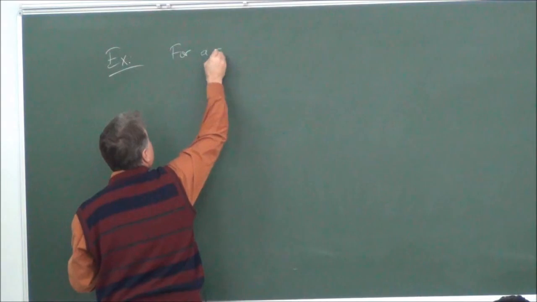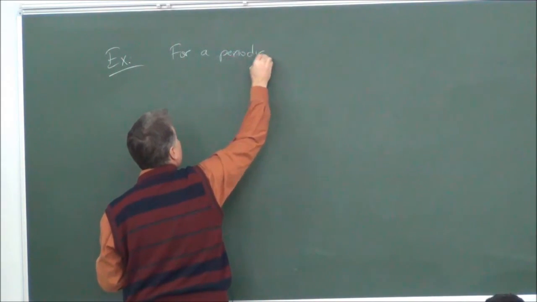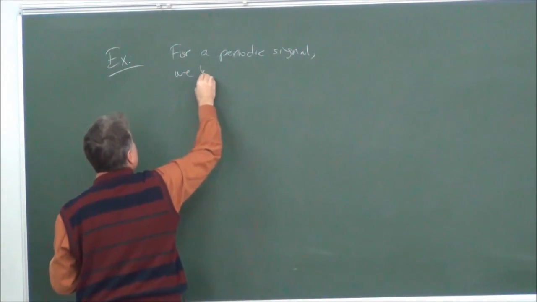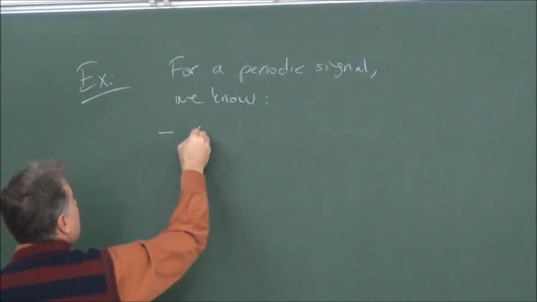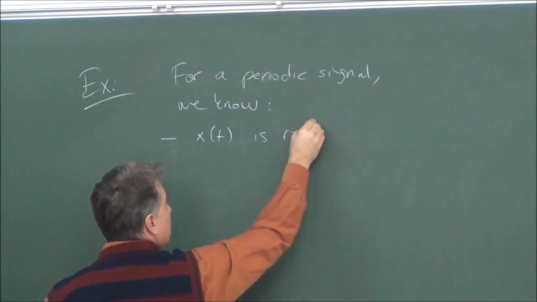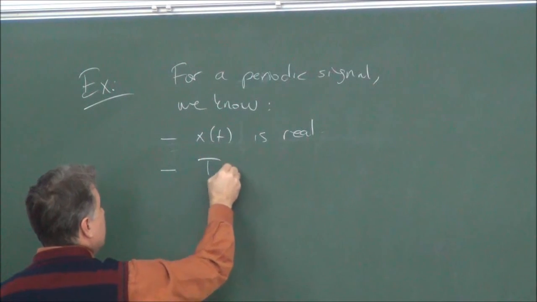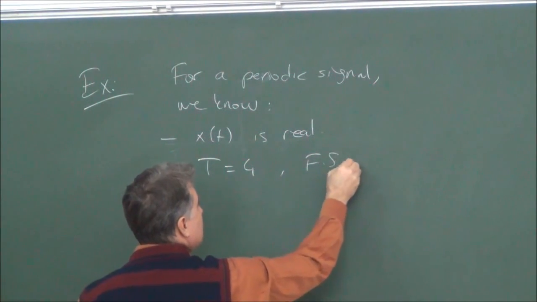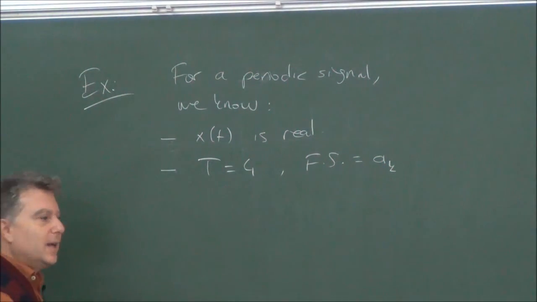For a periodic signal, we know these things. X of t, that is the signal, is real. That is a side knowledge. And the period is equal to 4, and the Fourier series coefficients are AKs, which we don't know, and we're looking for that.